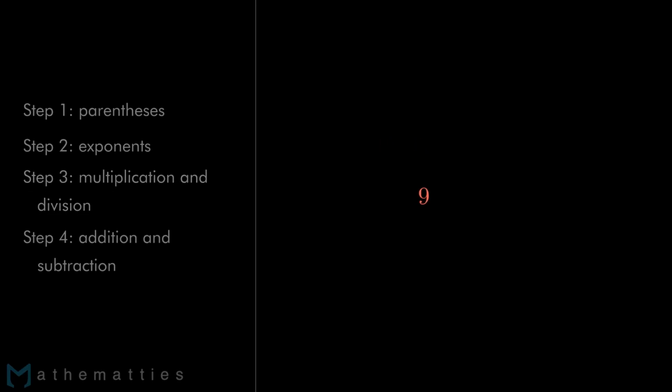Now we have seen how to do steps 3 and 4, let's get to an example with both. We have 3 plus 2 times 6. We go through the steps, like always, and we see we do not have any parentheses and also no exponents.